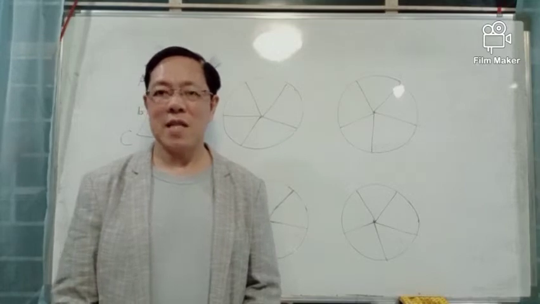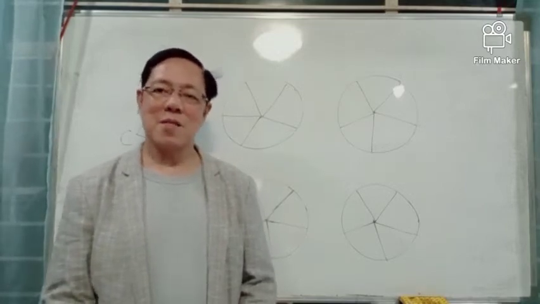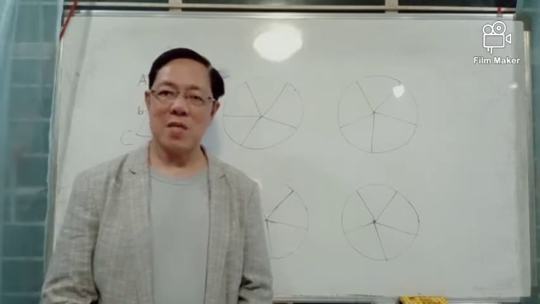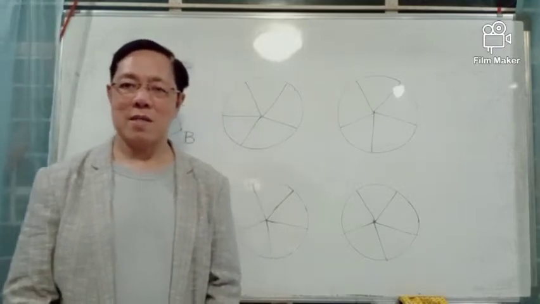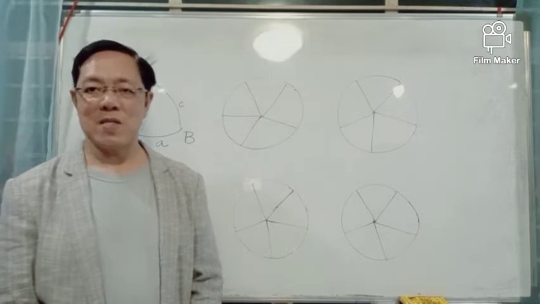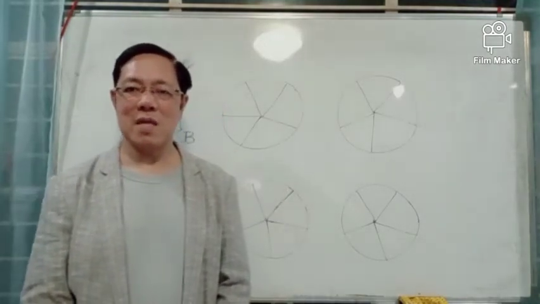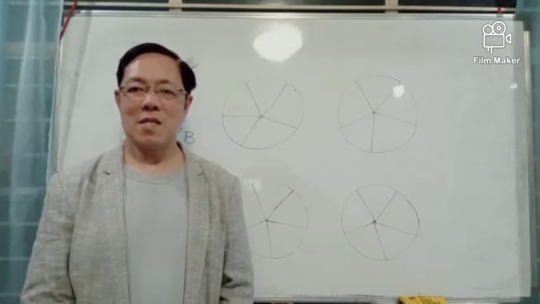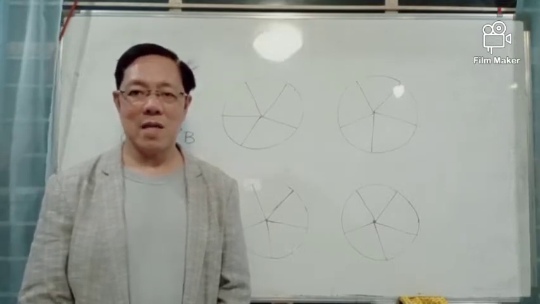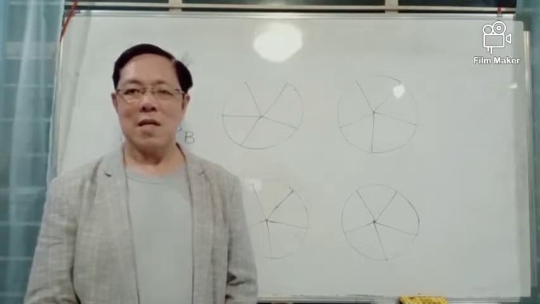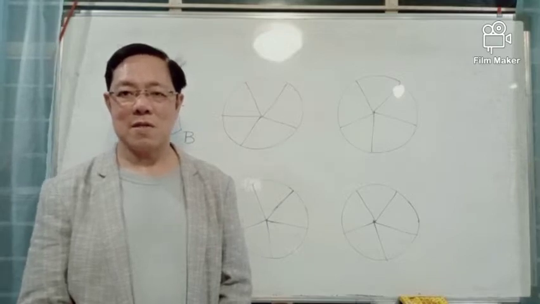And in the first lesson, we said that a spherical triangle is a triangle on the surface of the sphere. It is a part on the surface of a sphere. That's why it's called a spherical triangle. And the spherical triangle is bounded by three arcs of three great circles, three intersecting great circles.